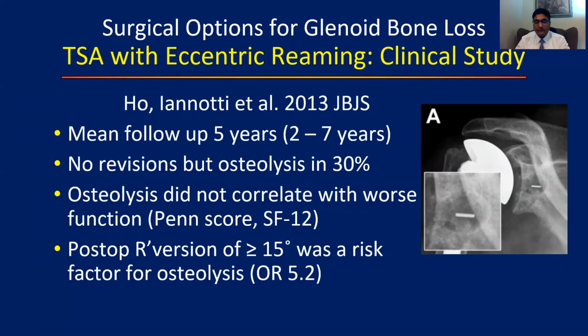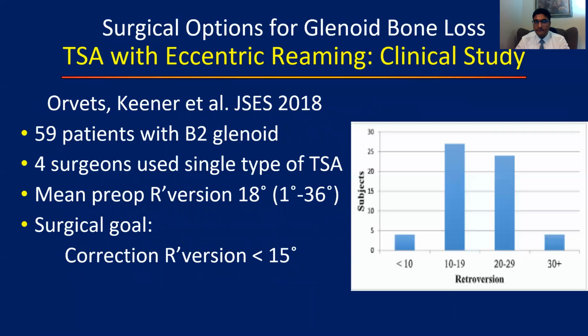At a mean follow-up of 5 years, they found no patients had revision, but osteolysis was present in over 30% of the patients. Osteolysis did not correlate with worse function. And they found that postoperative retroversion of more than or equal to 15 degrees was a risk factor for osteolysis.